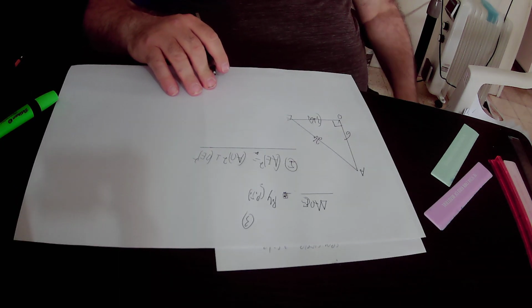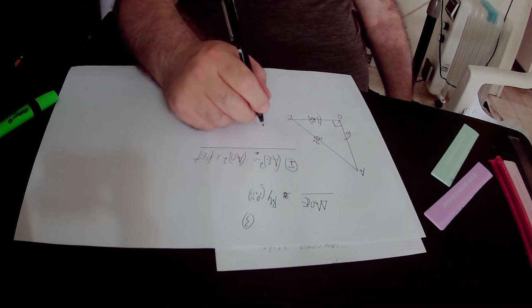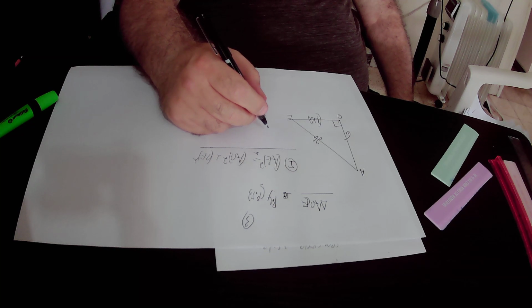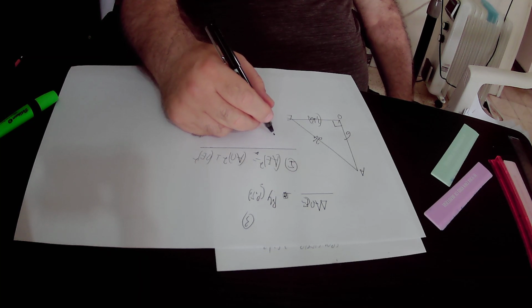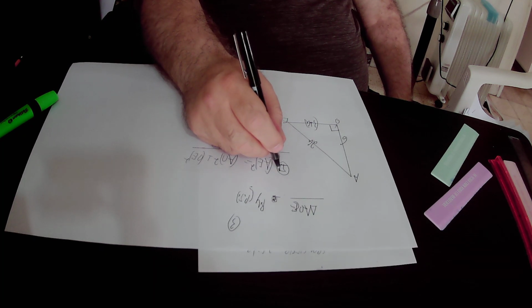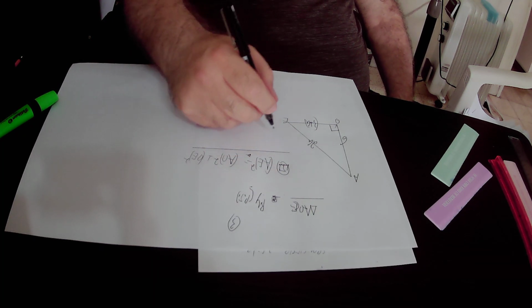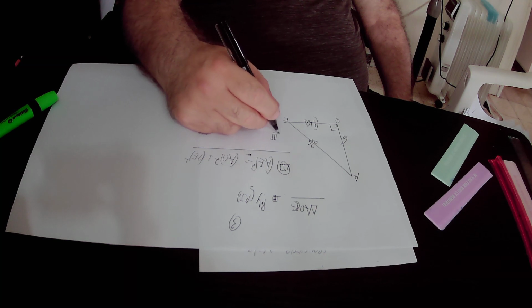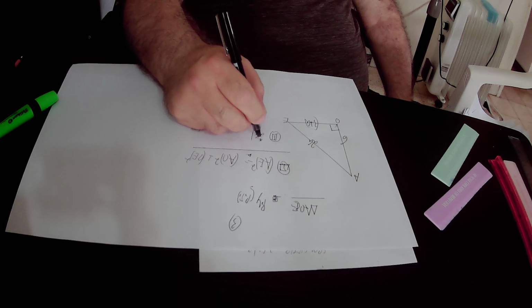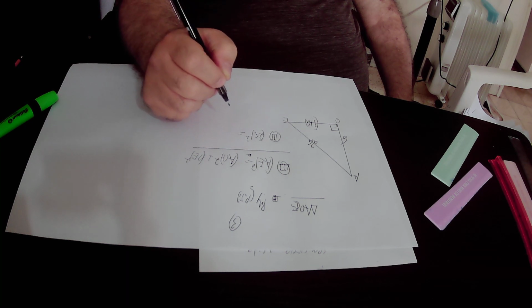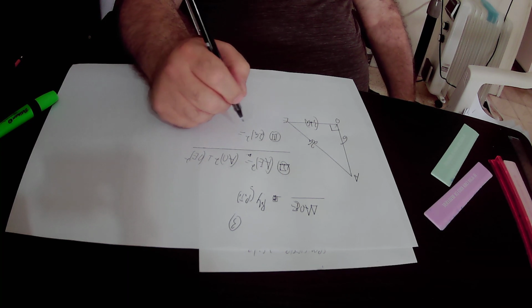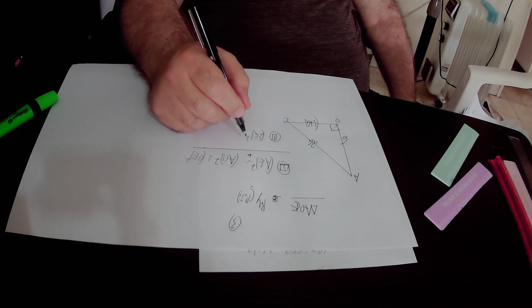So AE equals 2A, therefore AE squared will be equal to 2A squared, and it is equal to AO squared. AO is 6, so AO squared is 36.